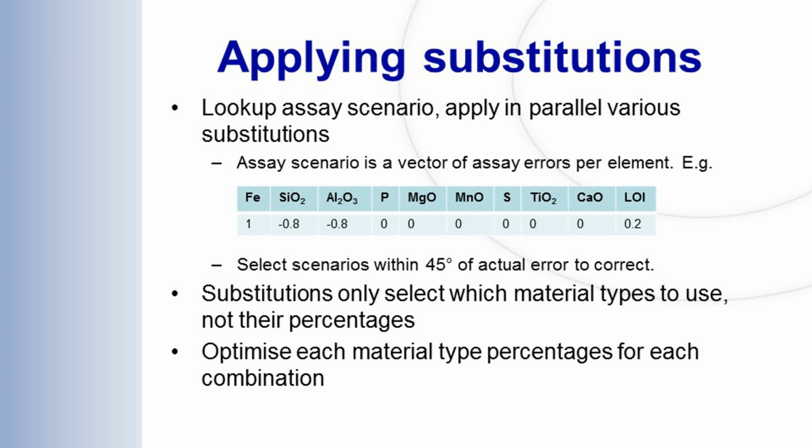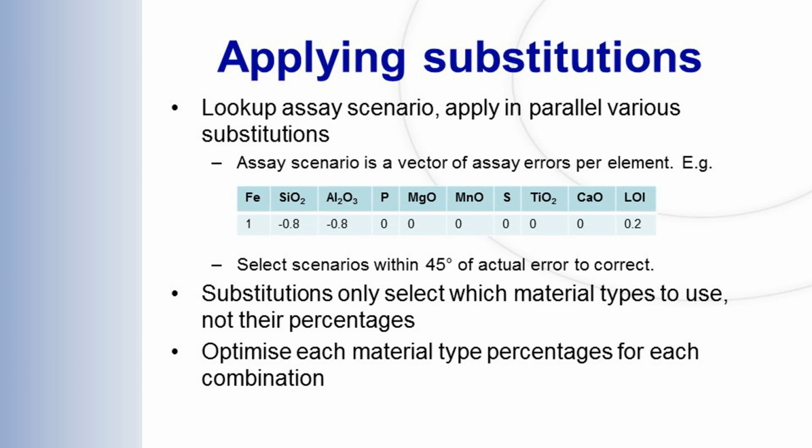We also rounded these. We can see that these are all multiples of 0.2. We rounded the elements and collated similar rules where we had similar assay error vectors and we were exchanging the same material types. So in our algorithm, we performed a big lookup where when we're trying to do the auto-validation, we look up the assay error that we're currently trying to correct.